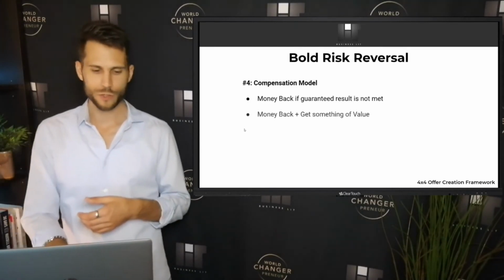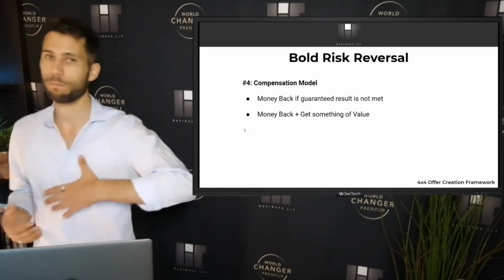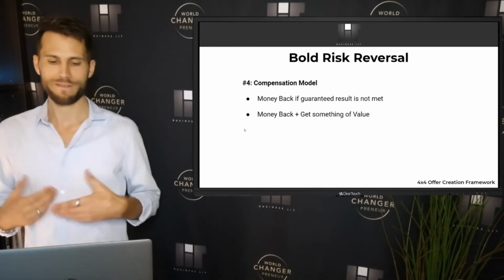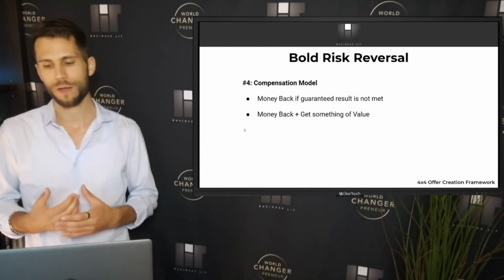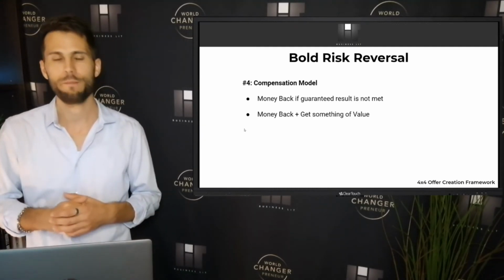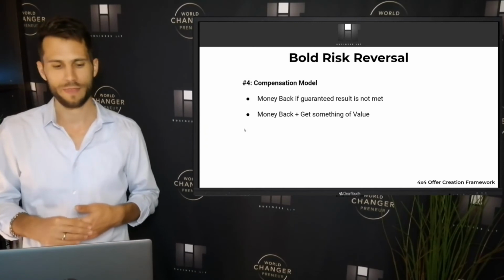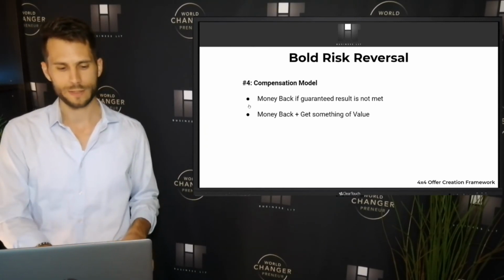Or what we can also do is go an extra mile and say, well, you'll get your money back plus you will be getting this extra value, this extra training or this template or whatever you might have, something you can give them on top, so they get their money plus they get something else, and that is a great way also to stand out because not a lot of people are doing this.